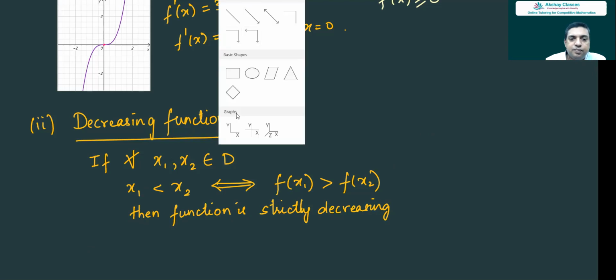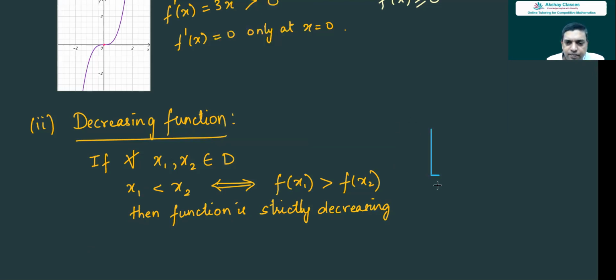So what we get, f of x1 is greater than f of x2. So the function is a decreasing function.